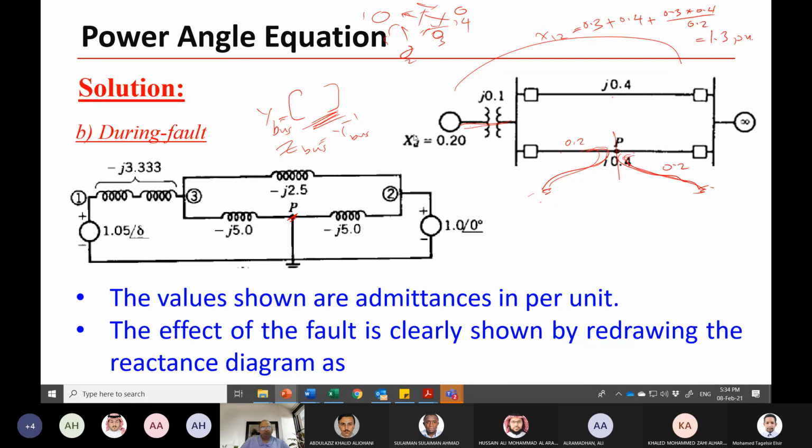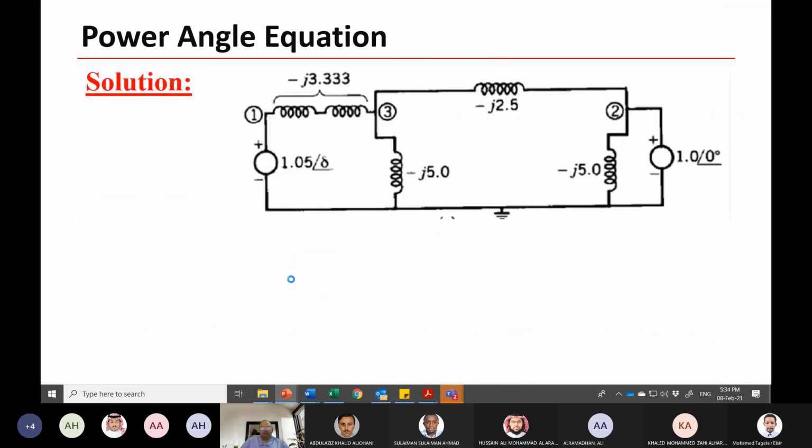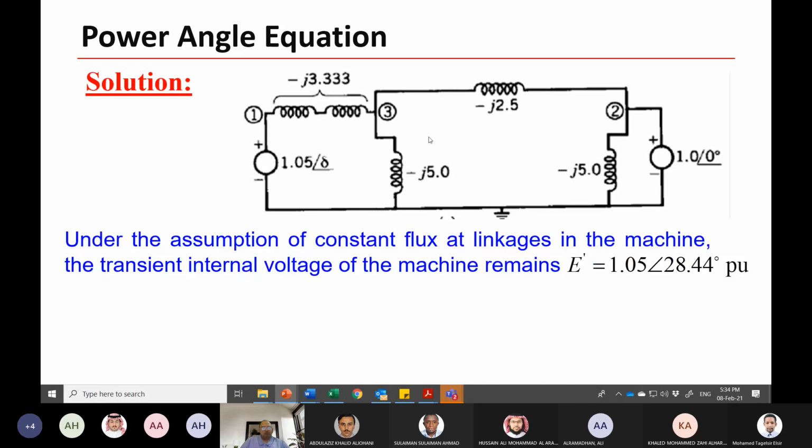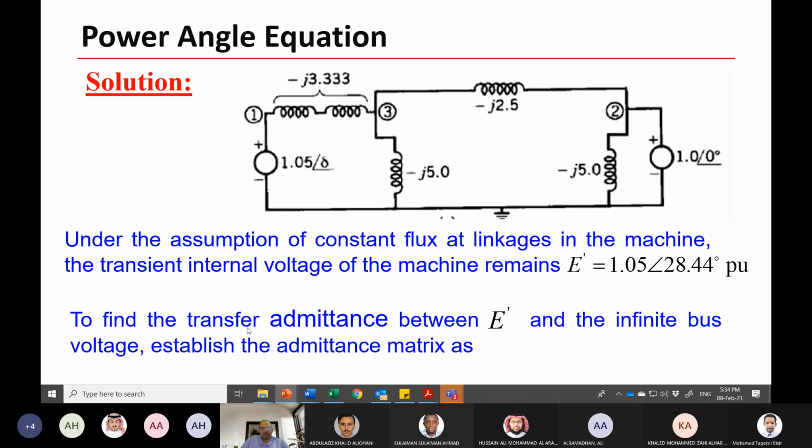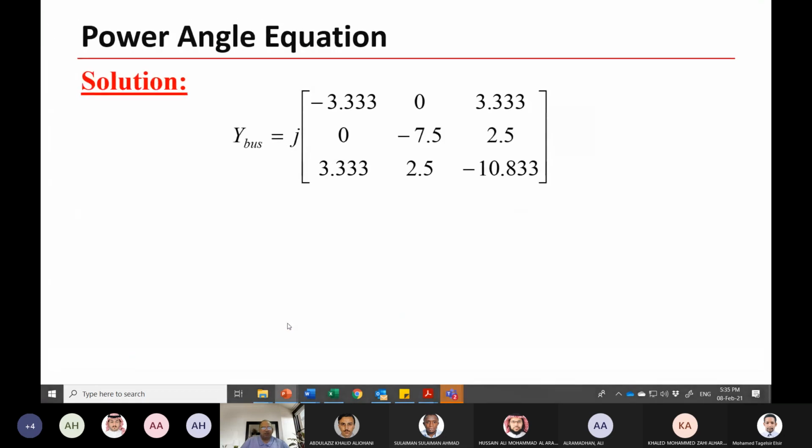Then we can form the Y bus matrix for this 3x3 matrix, or 3 bus system. So you can have Y11, Y12, and so on, and you can easily form this and get the Y bus as such.